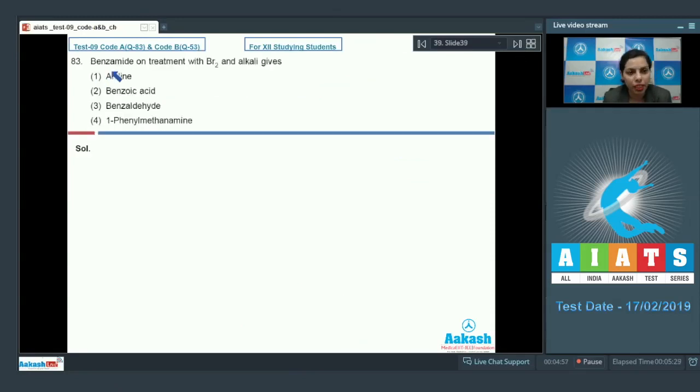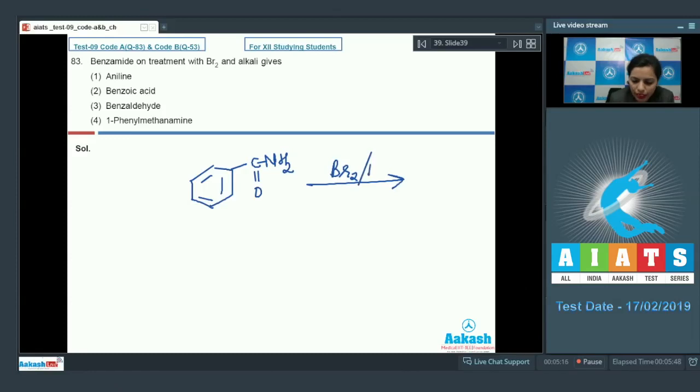For question number 83, benzamide on treatment with bromine and alkali gives. Just recall this reaction. Benzamide is benzene ring at which amide group is present, CONH2. And what you are doing? You are treating it with bromine and certain alkali, NaOH suppose.